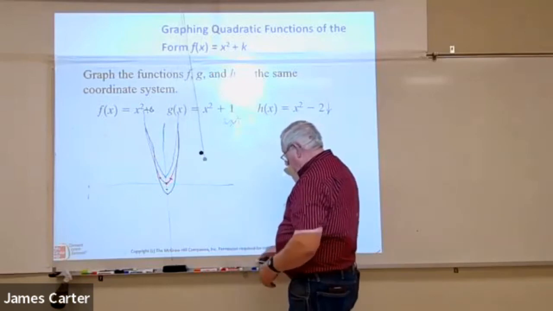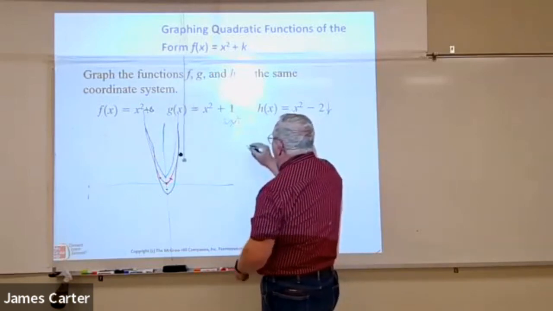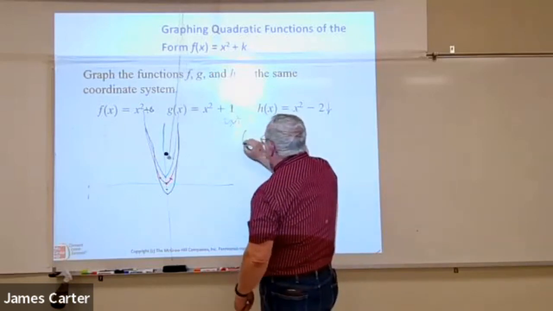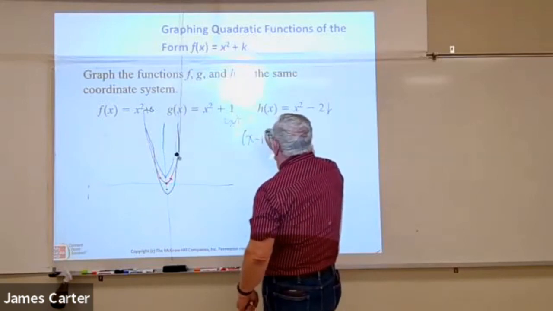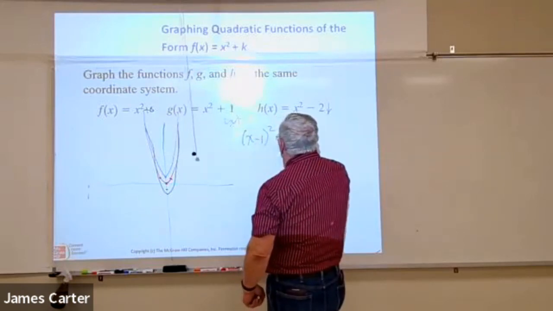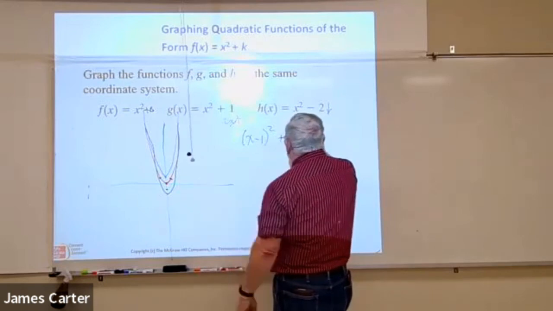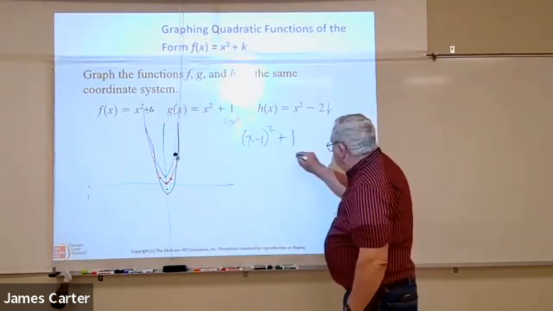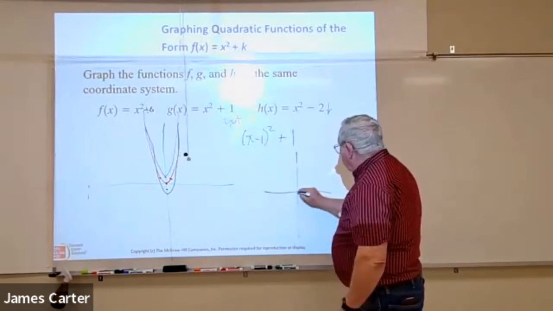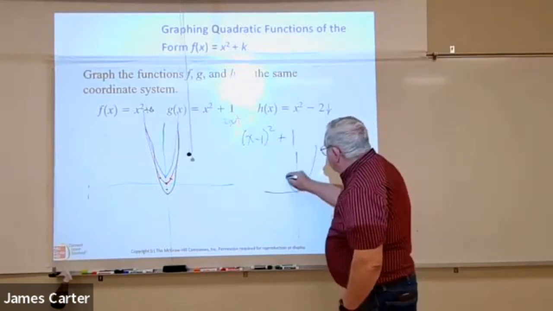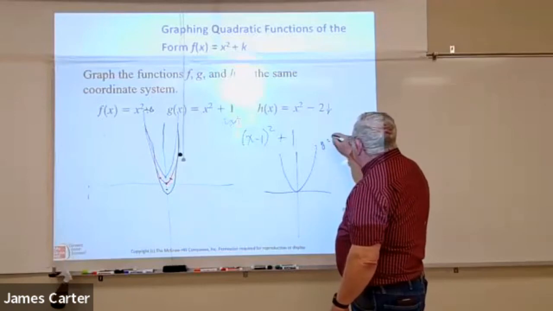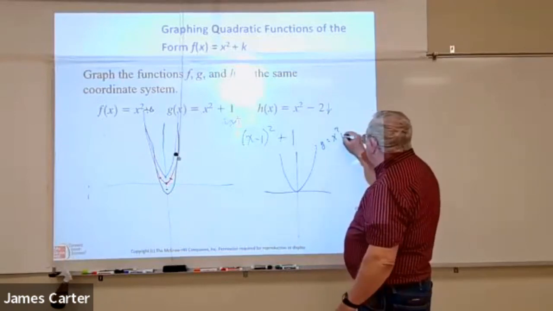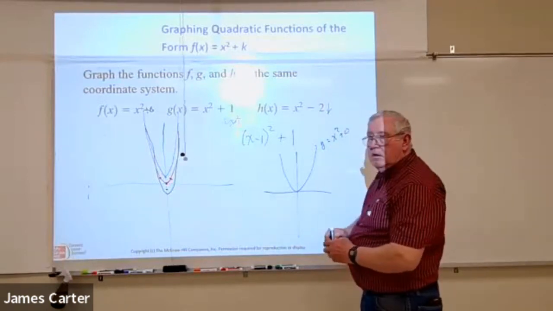Okay. Now, I'm not going to go into this very much right now, but if I had x minus 1 squared plus 1. Okay? Now, here's just the y equals x squared graph, right? Plus 0. Okay?